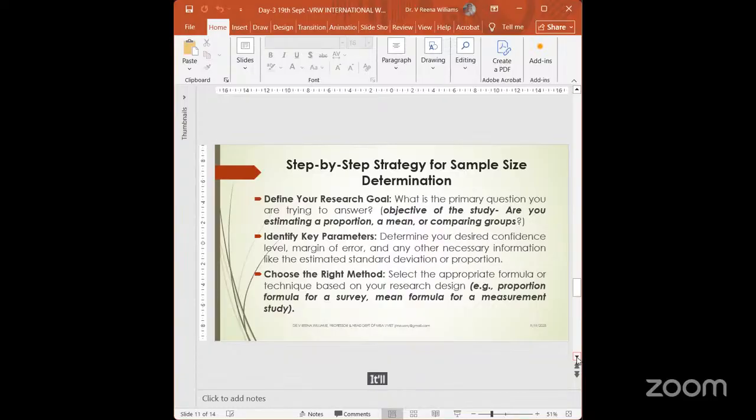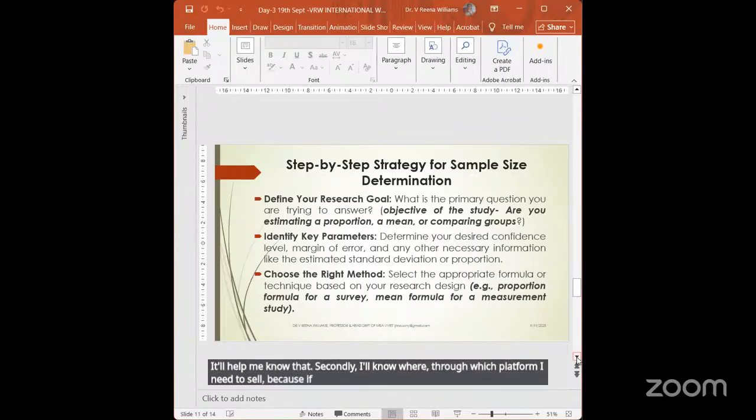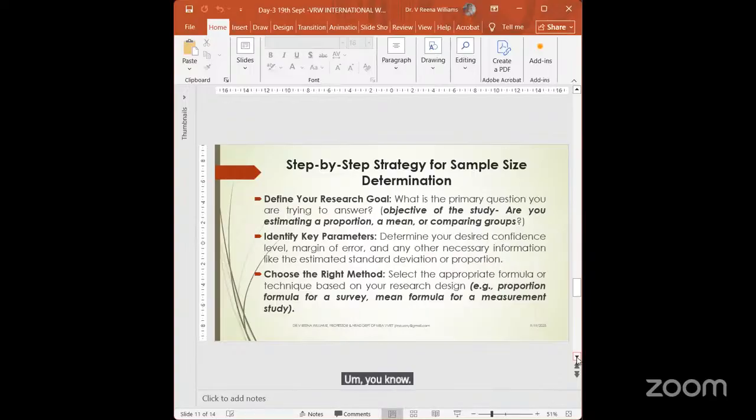Secondly, I'll know through which platform I need to sell, because the present trend is to buy everything online, groceries.